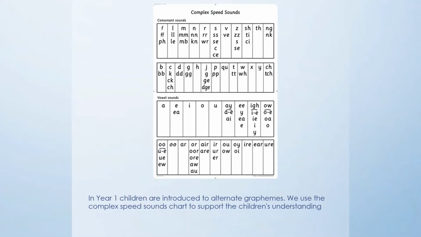We can also see that the a sound, ay, can be made using split a and e, or a and i. So it can be spelt in different ways, but it still makes the same sound. These are called alternate graphemes. So we start to teach them in year one, and we use our complex speed sound chart to help us with that.